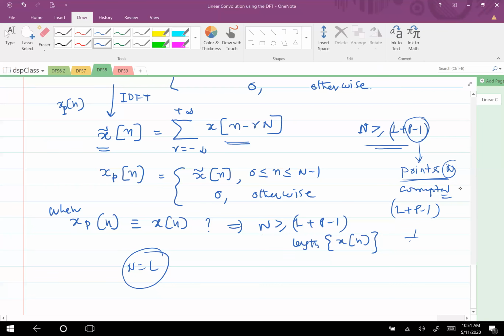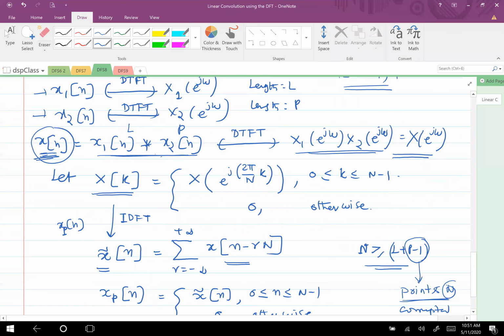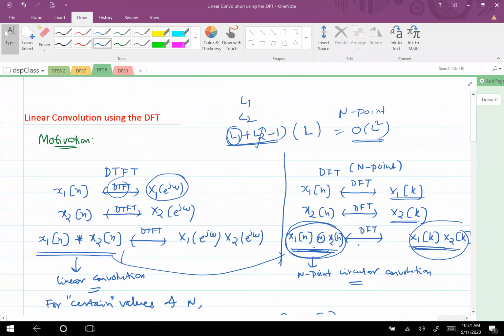We divide it into blocks such that that much overlap is there, so that the end of one sequence is the beginning of another. Only the beginning of the sequence gets corrupted, but you get those points correctly in the earlier sequence. That's all, as far as performing circular convolution or linear convolution using DFT.